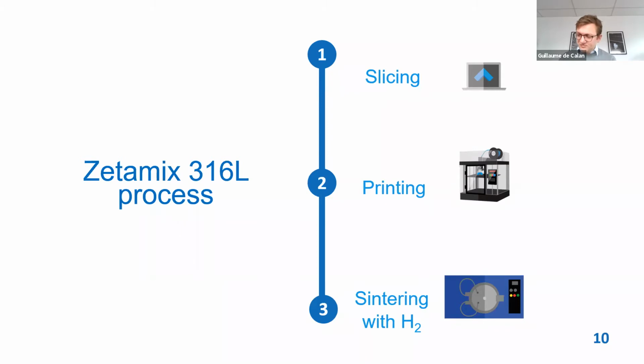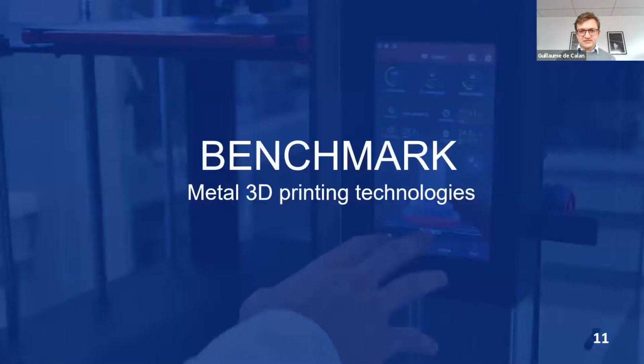So that's the general overview of what we do at NanoE. We provide filaments. We also provide the compatible machines. And these filaments are used in a process where you print, debind, and sinter, which makes it really the most simple and the most affordable way to print ceramics and metal.